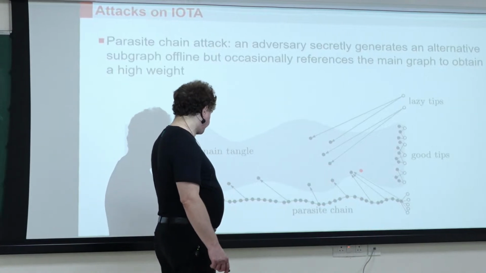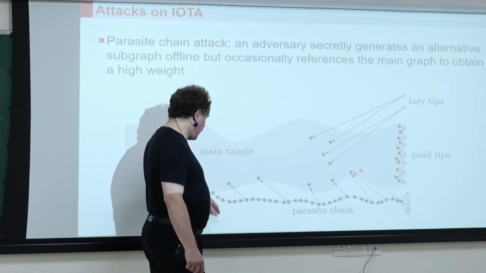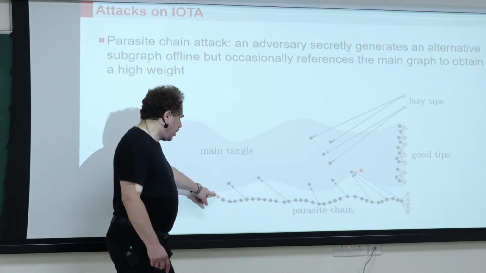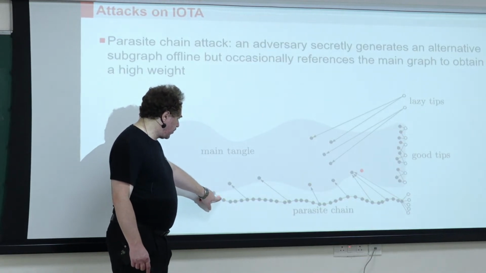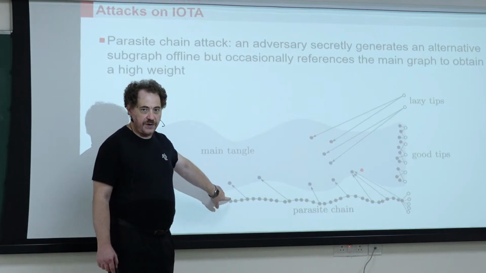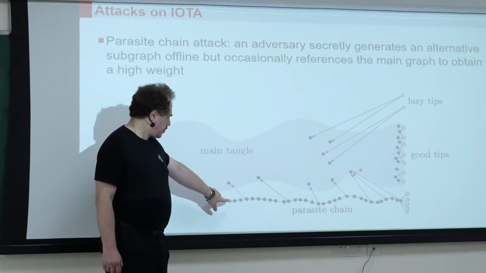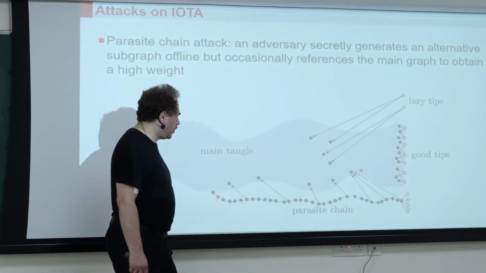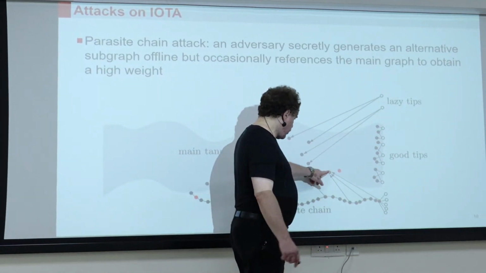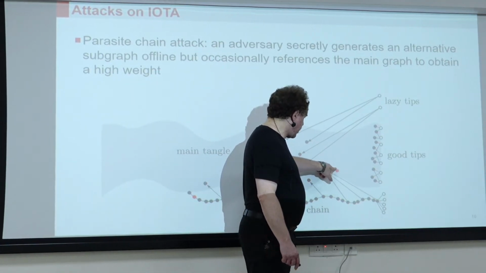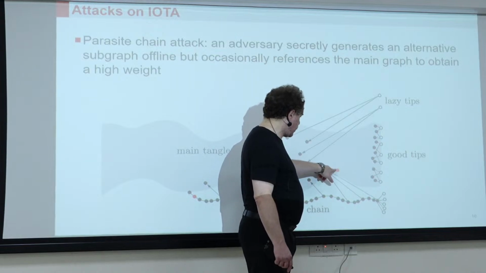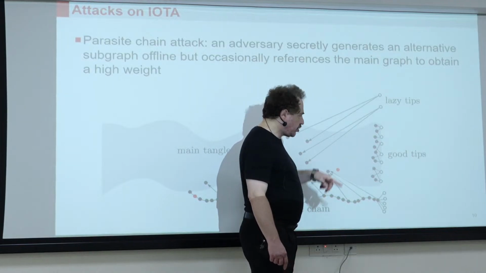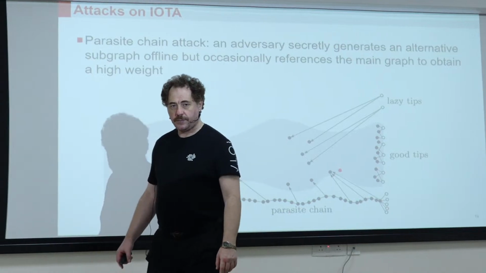And there is a double spending transaction. You see, in the parasite chain, the double spending transaction was there from the very early stages, almost from the beginning. And then much later, the attacker injects a double spending transaction in the main chain.